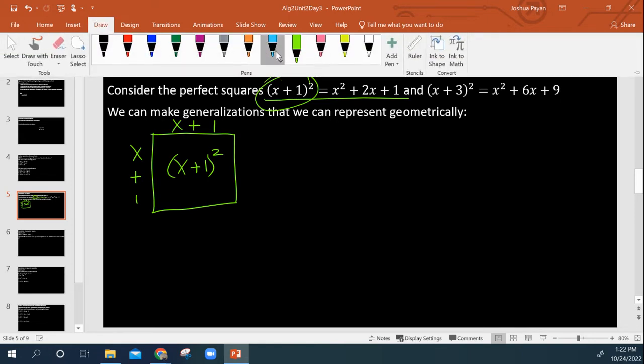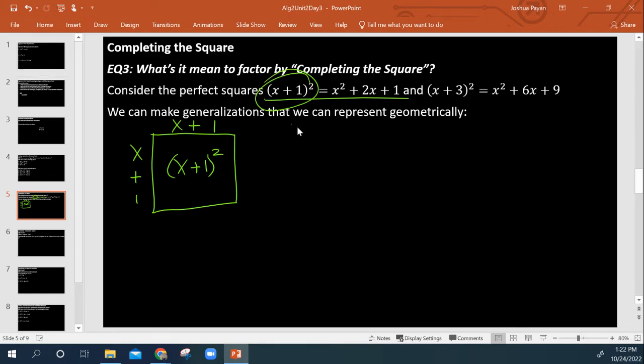The idea behind the whole completing the square thing is that, obviously, here in blue and here in green, these two are precisely the same. So if we cut this 2x in half, this piece right here is a square, and all four sides are x, it has an area of x squared. So that's where we get this x squared from.